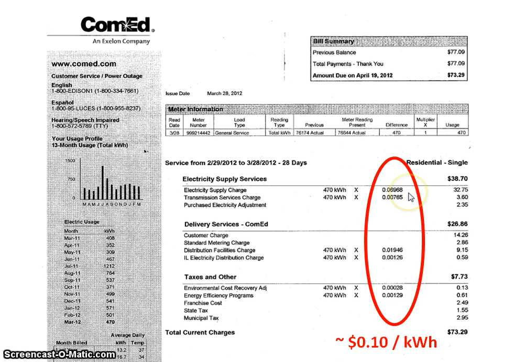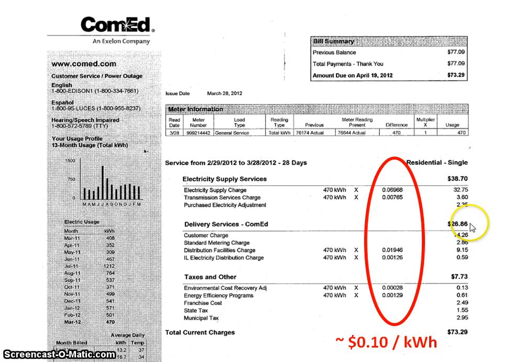So for example, the very first one there, I don't know if you can read this, it's about $0.06968 per kilowatt hour. So that's about 6.9 cents, or about 7 cents. And that's what they call the electrical supply charge. And then they break this down, and they have other names for different things. But at the end of the day, when you add those up, it's about 10 cents per kilowatt hour.